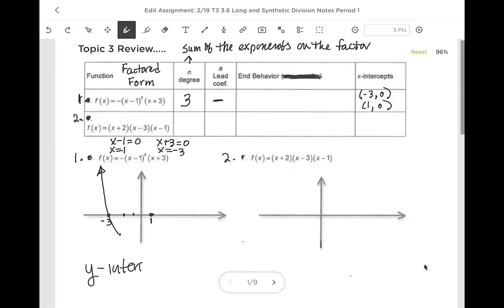So y-intercept, okay? So that's going to be negative and then 0 minus 1 squared and then 0 plus 3. Okay, negative 1 squared is a positive 1, but then you're going to take it and multiply it by the negative. So that's a negative 1 times 3 is negative 3.